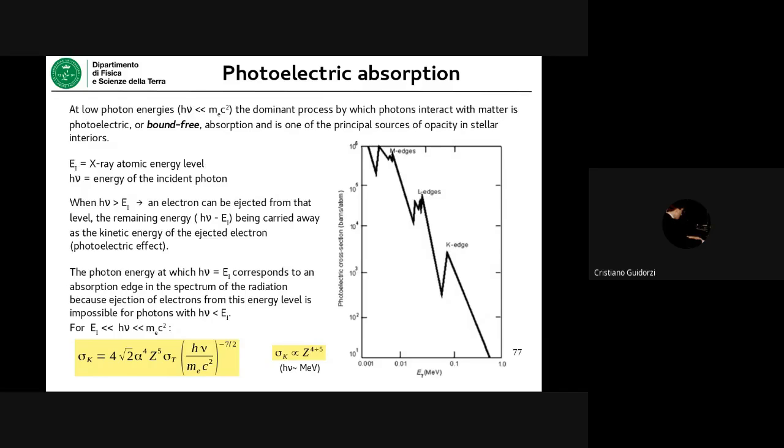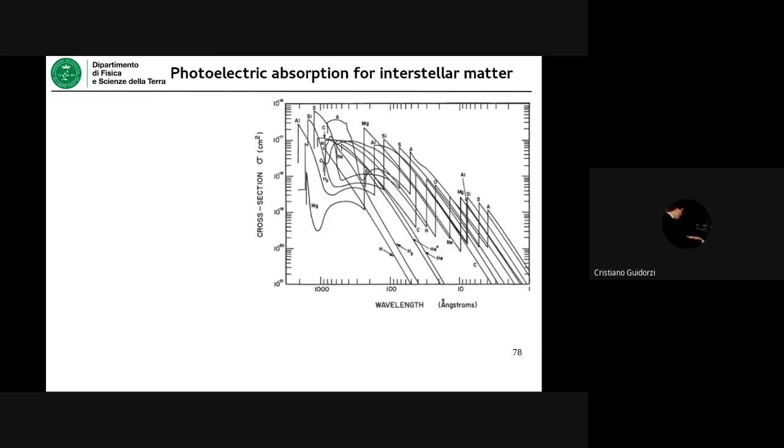So let's move to a more astrophysical context. Of course, if you consider a realistic case in which you have a gas with many different elements, each of which has its own photoelectric cross-section, just because each element, of course, has its own K shell energy, then what you want to study is the resulting cross-section.